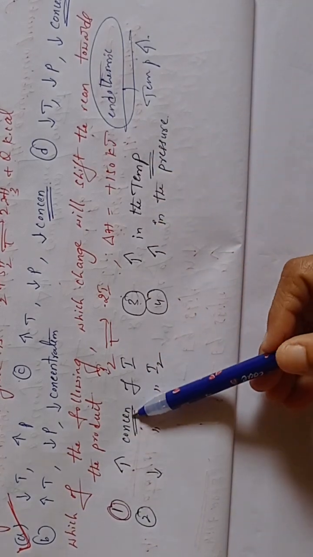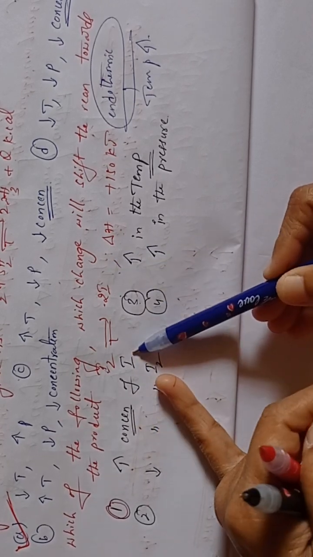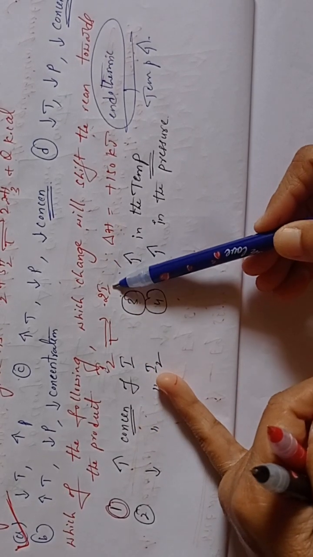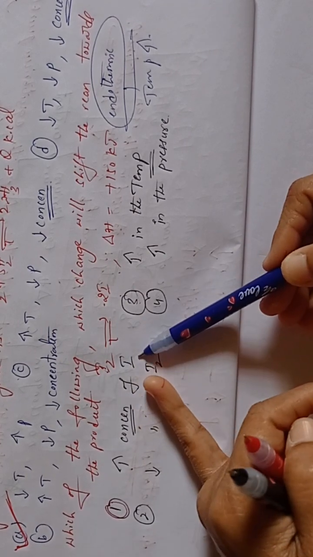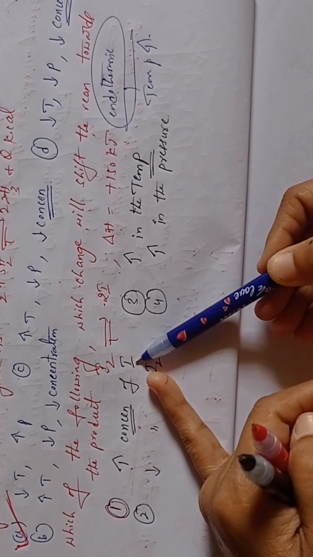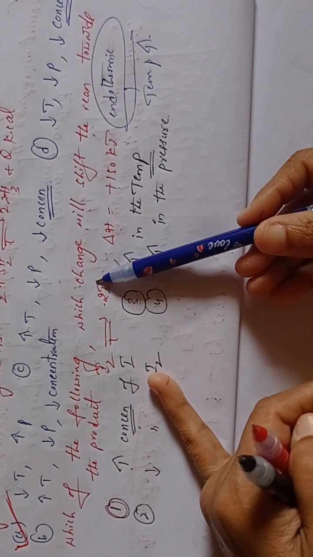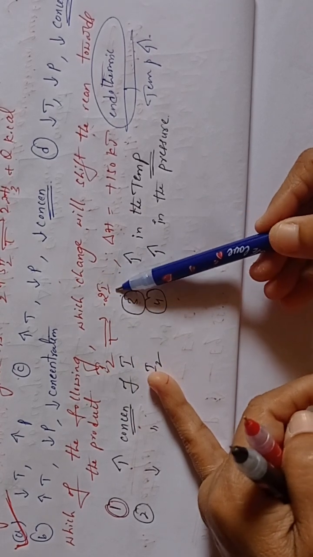Coming to the concentrations: increase in the concentration of I. The equilibrium shifts to decrease the concentration of I, which happens in the backward direction.